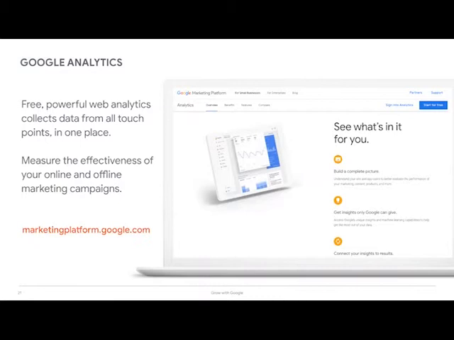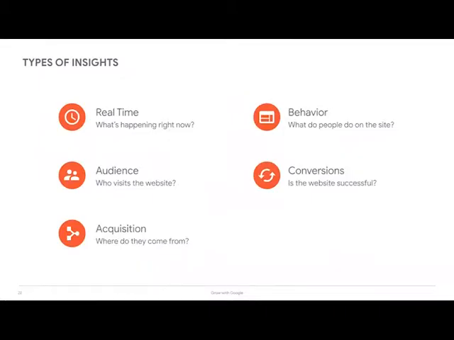Built into Google Analytics are powerful ways to slice and dice the data. And let's take a look at some of the insights that you gain from it. There are real-time insights that will show you what's happening right now. So this could be really important if, maybe, you get invited onto a really popular radio show where you get interviewed by a host, and the show is syndicated across the United States and is going to be tuned into by hundreds of thousands of people.